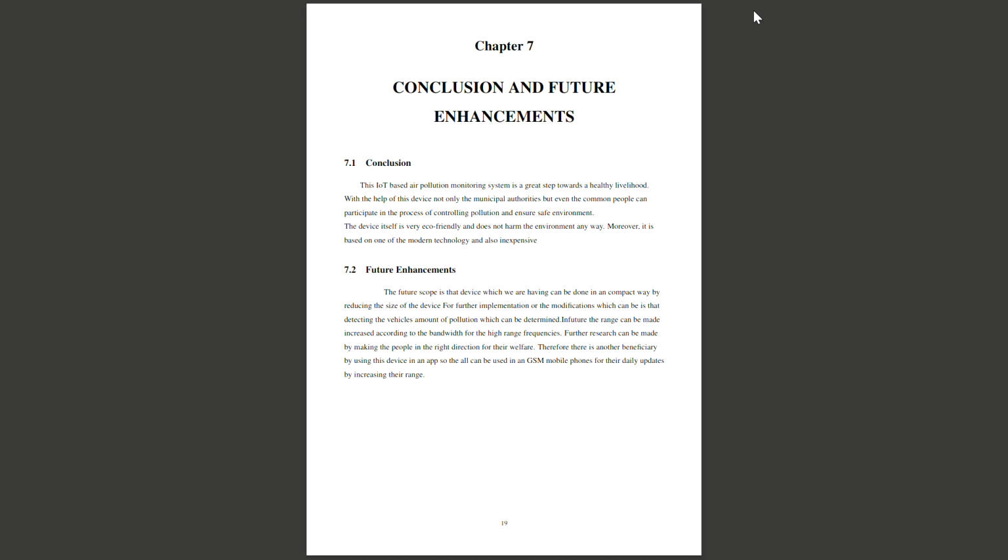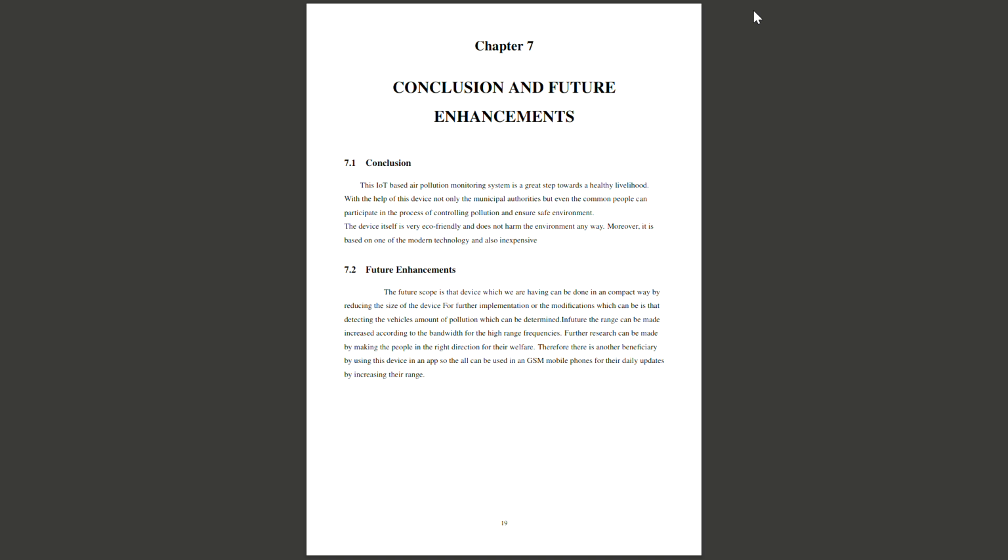And the conclusions: this IoT-based Internet of Things air pollution monitoring system is a great step towards a healthy livelihood. With the help of this device, not only the municipal authorities but even the common people can participate in the process of controlling pollution and ensure a safe environment.